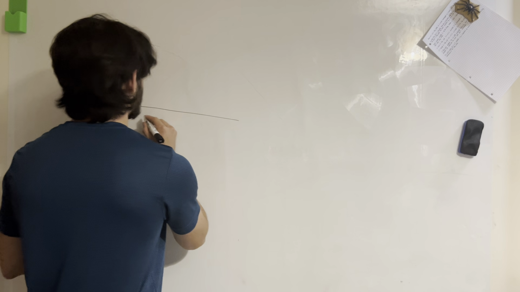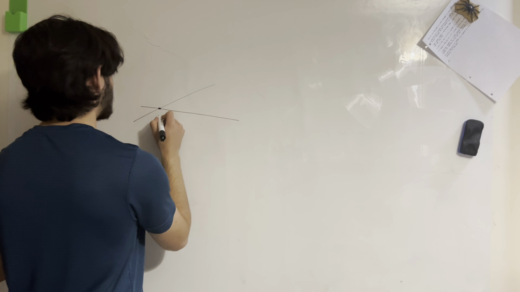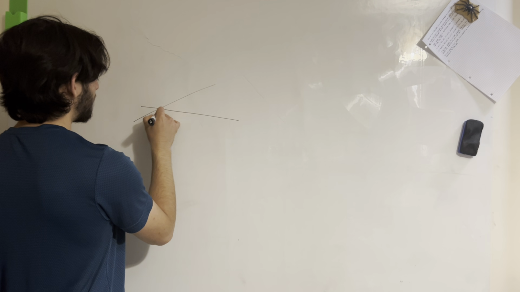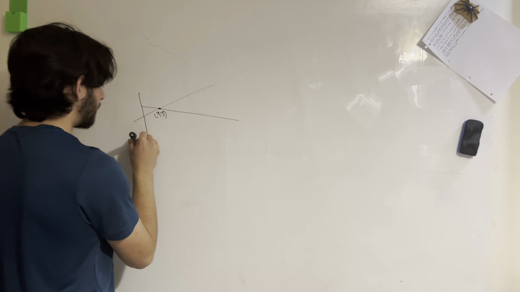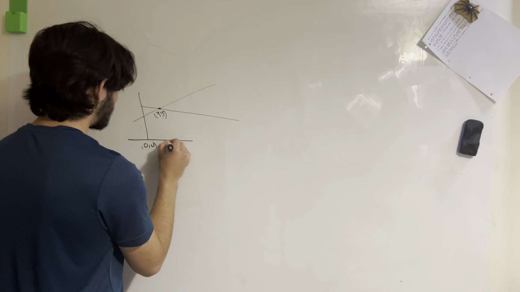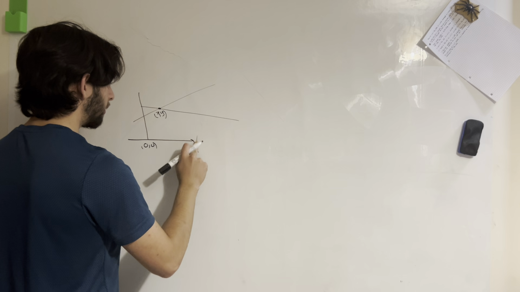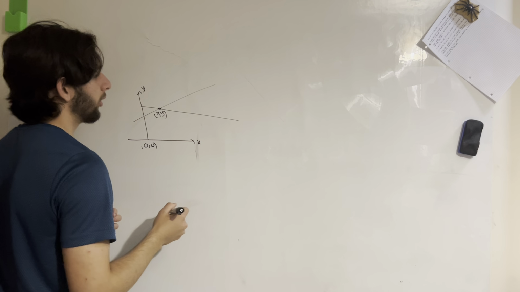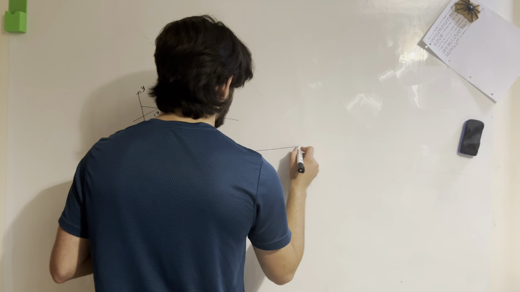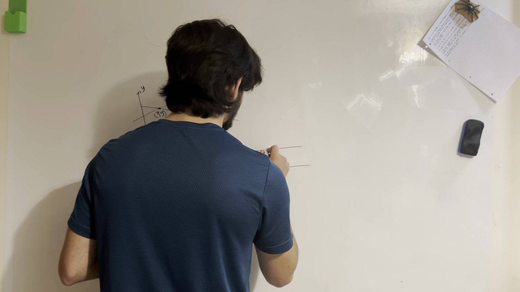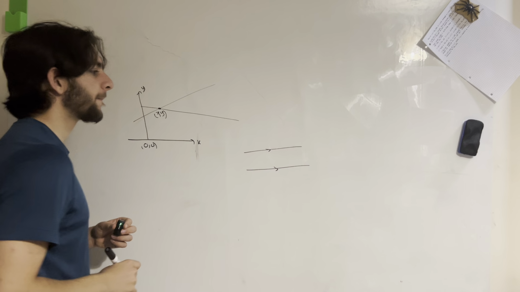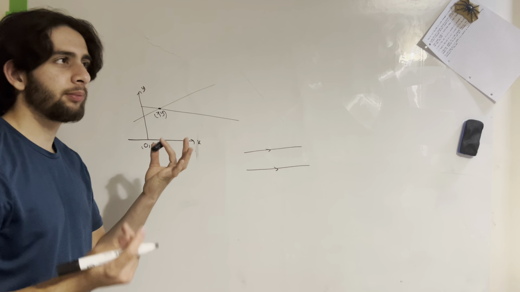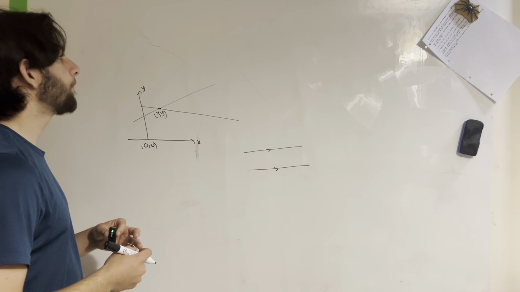So two lines can intersect at some point, maybe like (x, y), or they don't intersect at all. In other words, they're parallel. So 2D, pretty simple to understand.